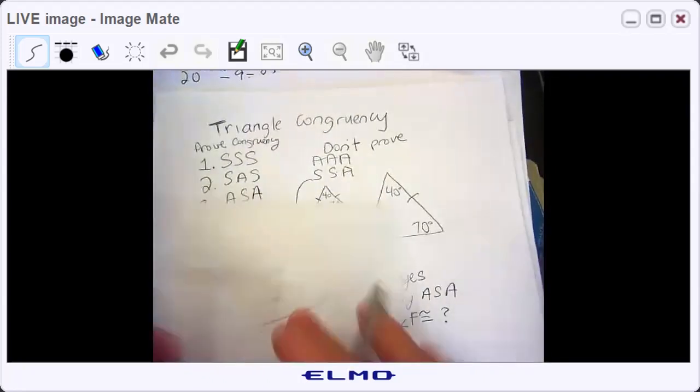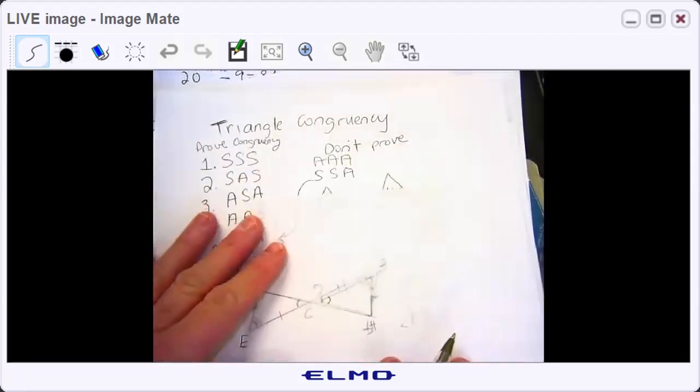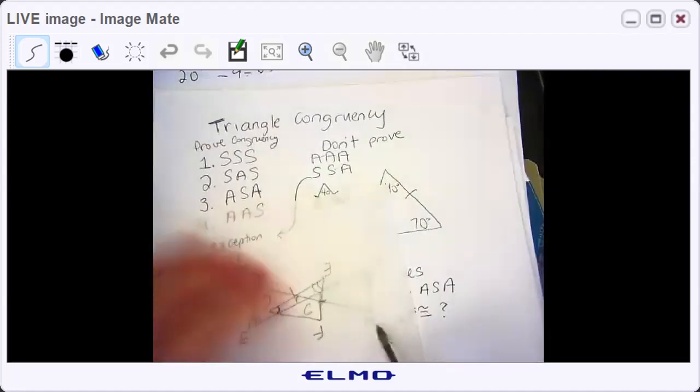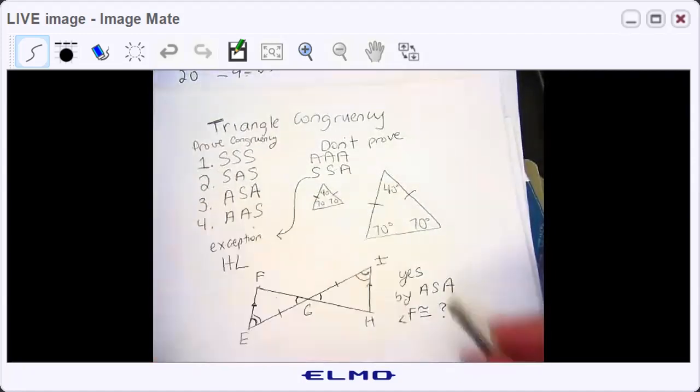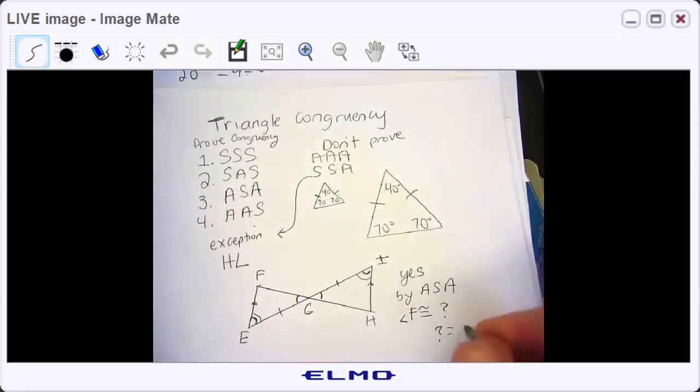Then you could see that F is right here, but when we rotate it and match up the marks, F falls down here on this bottom angle, which is our H. So angle F would go with angle H. And again, that's what they're asking you to do sometimes in these problems.